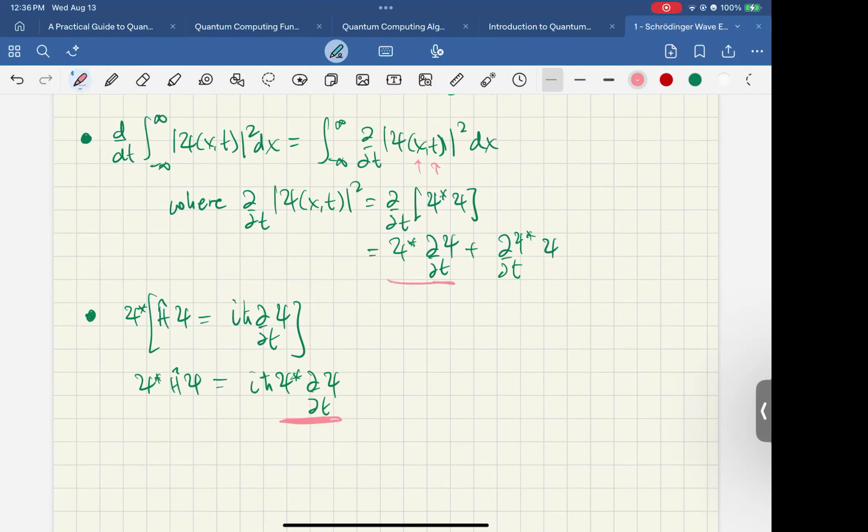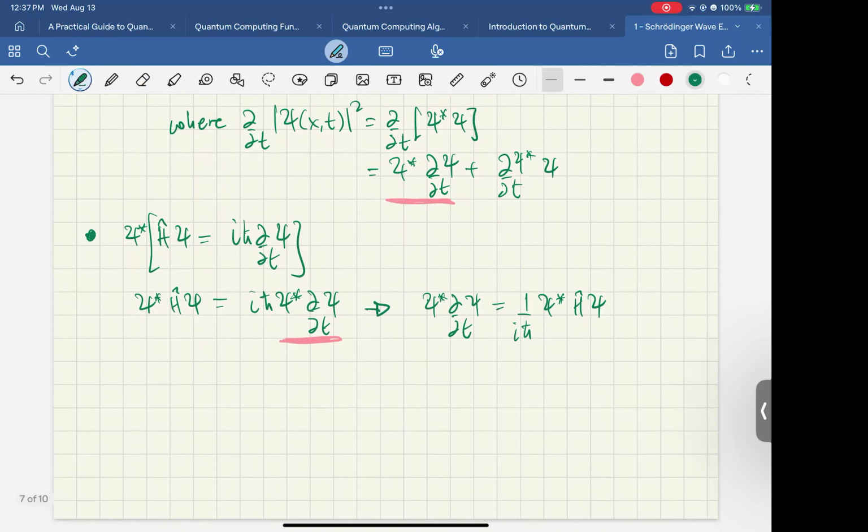So we can rewrite this as psi star partial with respect to t of psi is equal to 1 over iħ psi star H times psi.